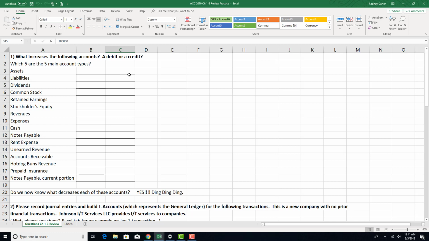When we have accounting transactions, we are trying to accurately record the transaction so that we can build good financial statements. If we don't have good financial transactions and journal entries, then we won't be able to produce quality, consistent, accurate GAAP, generally accepted accounting principles, US GAAP, United States GAAP financial statements.